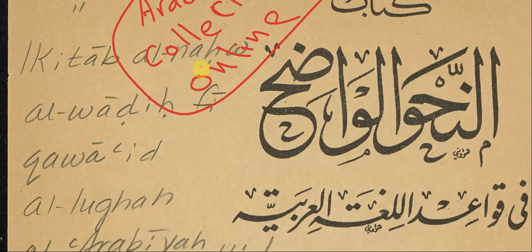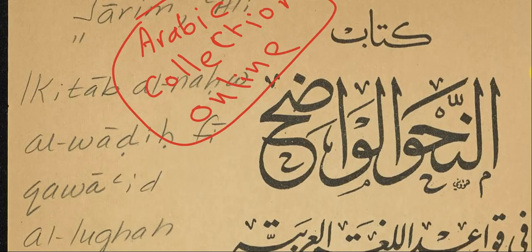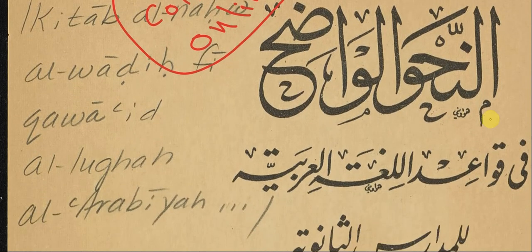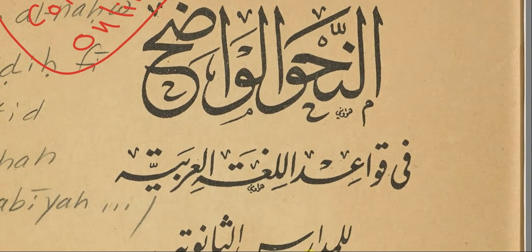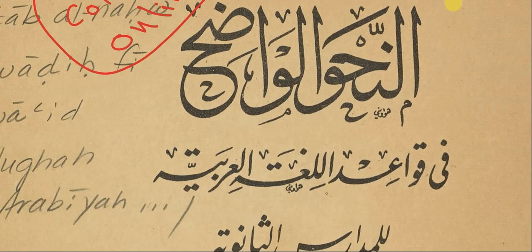Notice Kitab al-Nahu al-Wadih. If you enter these letters here, that might make it easier for you to search for it. You can also switch between Arabic and English. They have a prompt for that. So now this is the book that I will use for some examples.